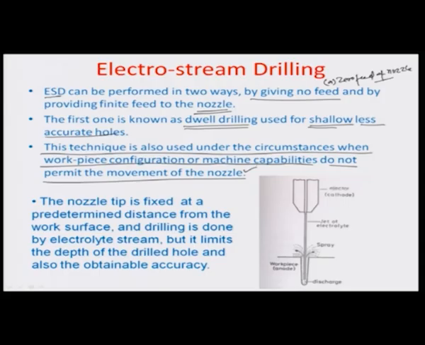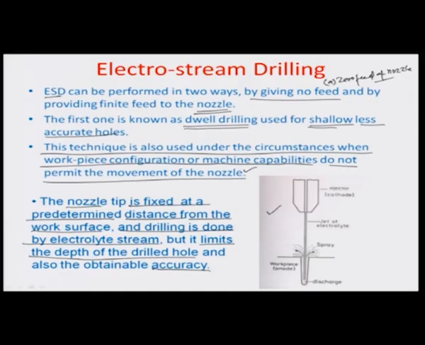So, the nozzle is fixed at a certain predetermined distance from the work surface, okay, and drilling is done by electrolyte stream, which hits as a jet typically, but of course, there are limitations onto the depth of the hole drilled, and also limitations related to the accuracy behind the process.